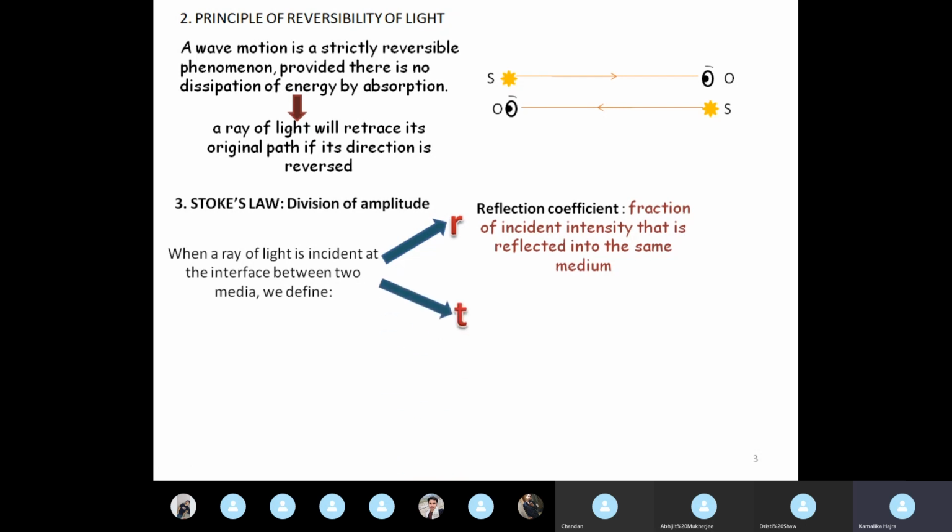And the other parameter is small t. It's the transmission coefficient. The fraction of the incident intensity that is transmitted into the other medium is given by the transmission coefficient. So now when you know the value of r and t, you know whether a particular material will be transparent or opaque, right?